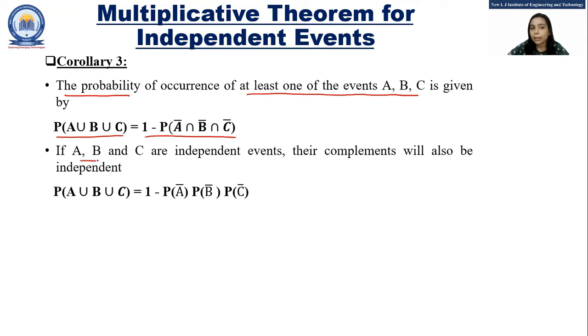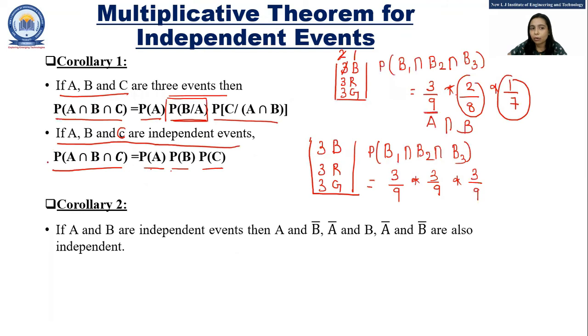So if A, B and C are independent events, then their complements will also be independent. So we can write P of A bar intersect B bar intersect C bar as P of A bar into P of B bar into P of C bar, as we have seen over here in this corollary 1.